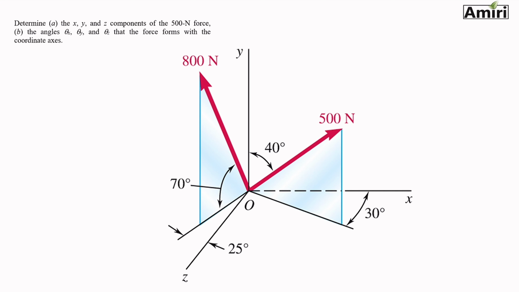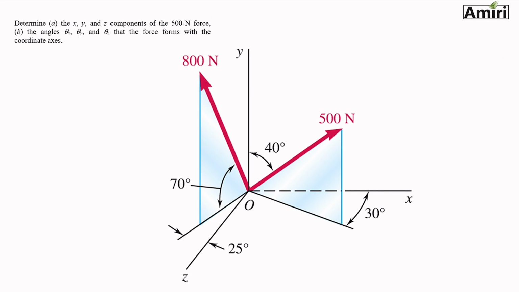All right, let's look at a problem with 3D vectors and coordinate direction angles and see how we approach these problems. The problem says determine the x, y, and z components of the 500 Newton force, and also the angles theta x, theta y, and theta z.